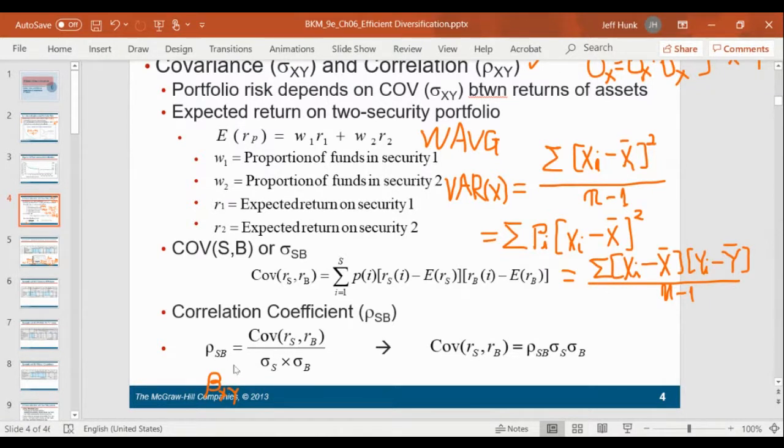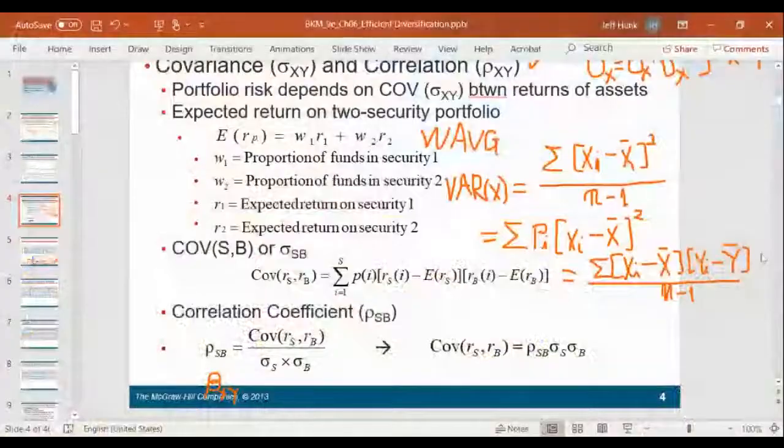Well, what's the biggest difference between X and Y and S and B? I mean, that's just a symbol, right? For two random variables, right? But are X and Y really random?